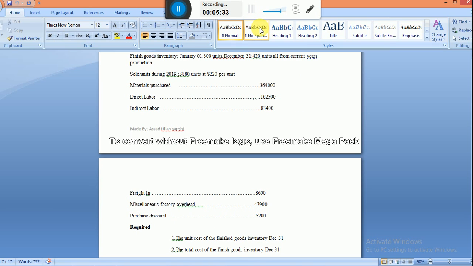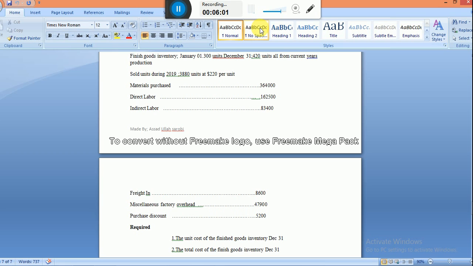Freight in, that is 8,600. Freight in means when material is purchased by the manufacturing unit, they bring those materials to the manufacturing unit. For that, the company pays taxi fare.